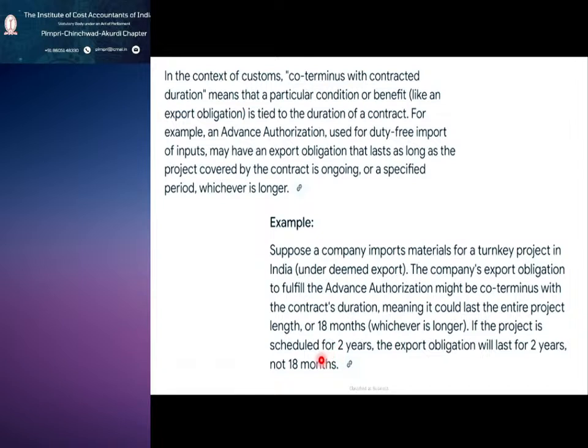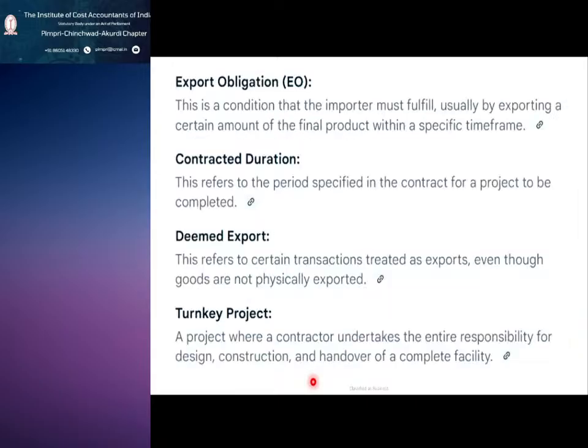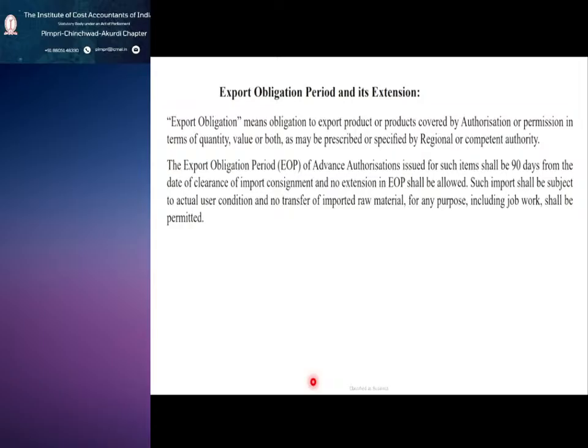If the project is scheduled for 2 years, the export obligation will last for 2 years and not 18 months. This is only in case of deemed export, the projects related only. So we'll see. Okay. So one thing we should be clear.